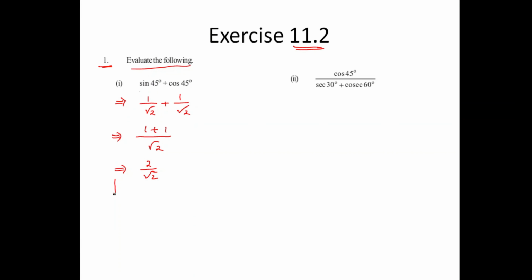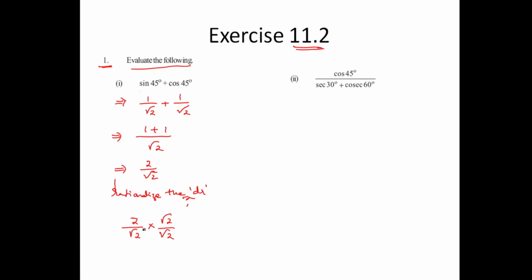Now what we will be doing here is rationalization. We need to rationalize the denominator. So if I am rationalizing the denominator, what do I get? 2 into root 2. Eventually here we are having root 2 by root 2.